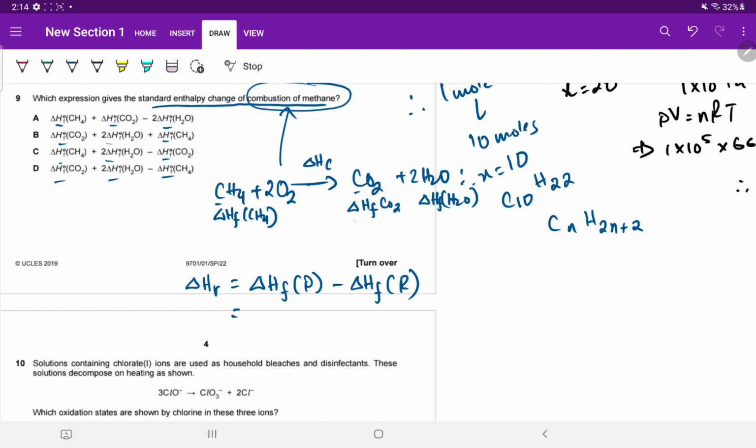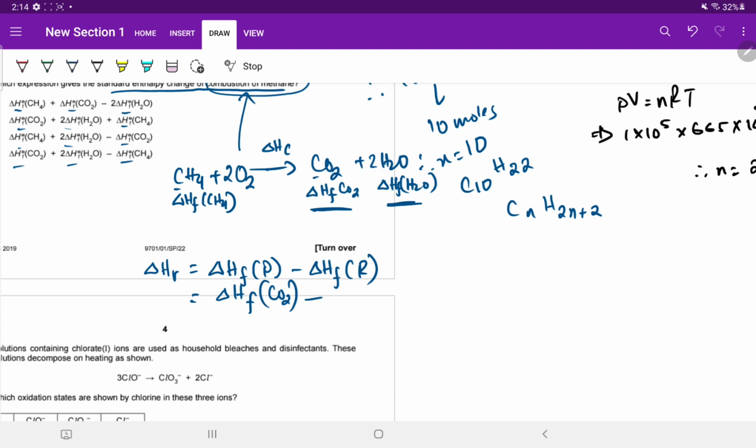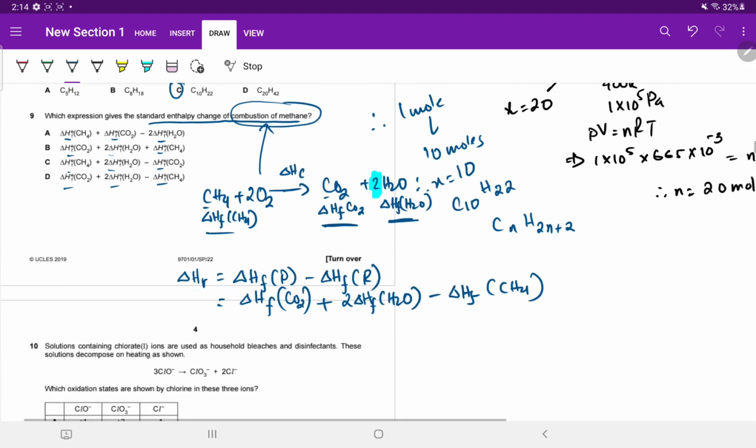Over here we have got products to be only carbon dioxide, so enthalpy change of formation of carbon dioxide minus we also have water, so enthalpy change of formation of water, but we have over here 2 moles of water, so we have to multiply by 2. Because 2 moles of water is being formed, so 2 times enthalpy change of formation of water minus we have enthalpy change of formation of reactants, which is methane, so delta H_f of CH4.